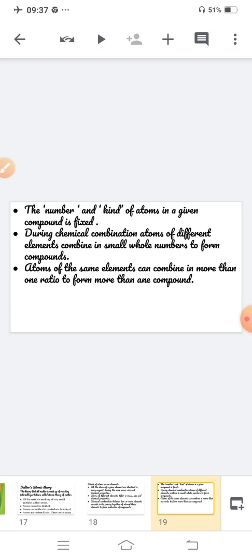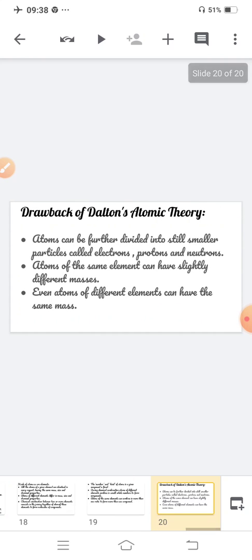Now, after some time, some drawbacks were found in this theory. Is this clear? That means some problems were there. So, what were Dalton's atomic theory drawbacks? Number 1, atoms can be further divided into still smaller particles.